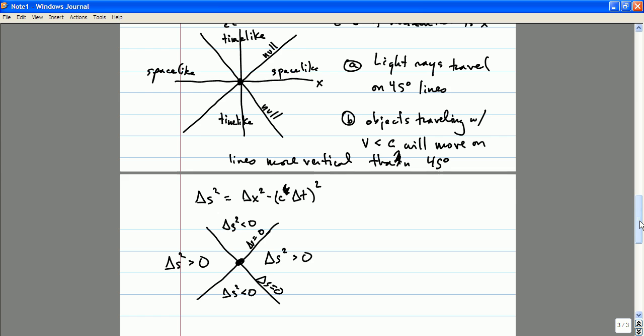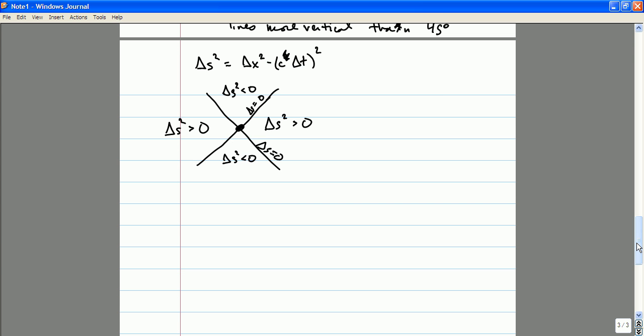Okay. So, there's another name that we give to points that are space-like separated. We also say that two events with delta s squared greater than 0 are causally separated.